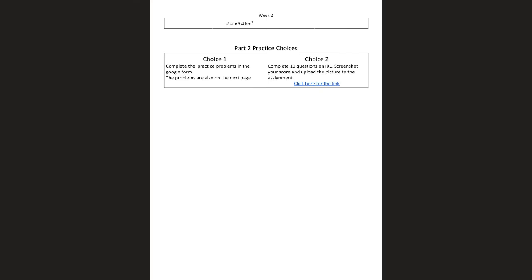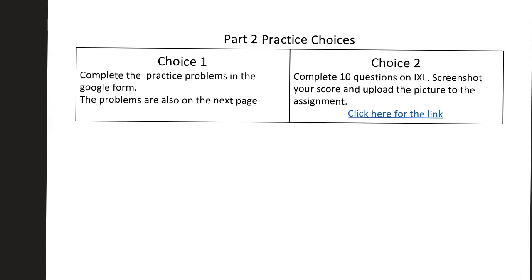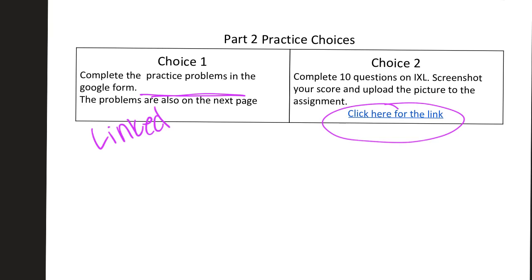If you go to Google Classroom, these instructions are linked on there. So if you click the instructions, there will be a link here for the Google form. Or choice 2, you can complete 10 questions using this link on IXL.